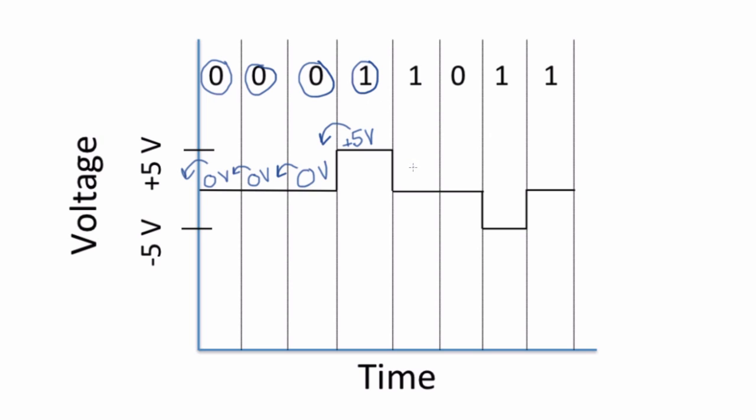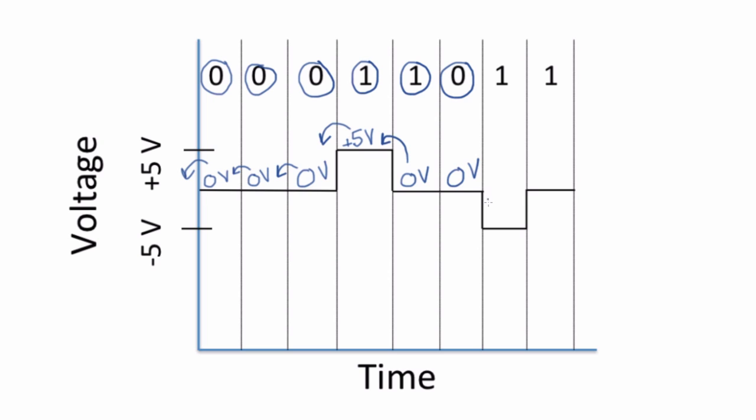In the next time slot, we have 0 volts, but check this out. This is very different than current state modulation because we have transitioned from our previous state of positive 5 volts to 0 volts. Even though we're at 0 volts, that transition still gives us a binary 1. No transition in the next time slot. It's going to be a binary 0.